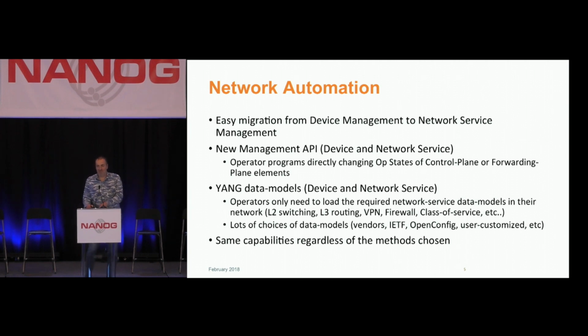And the idea with the YANG data models is that you can load just those models, and those models will create a schema for you, and you can then drive the APIs out of that schema. You can modify it according to your business requirements as well as your end user requirements.